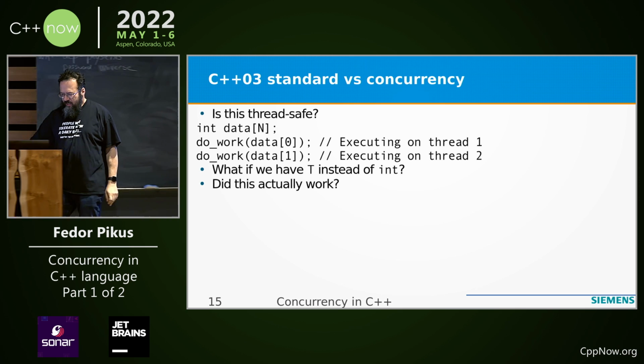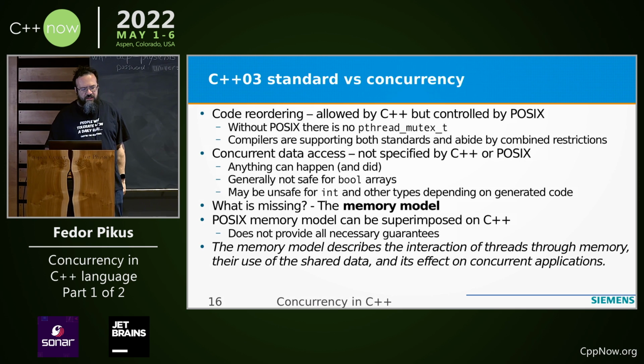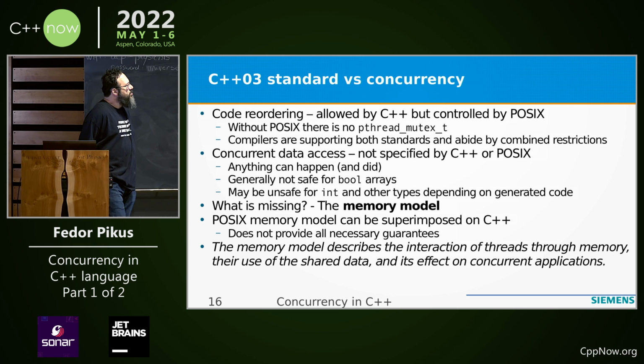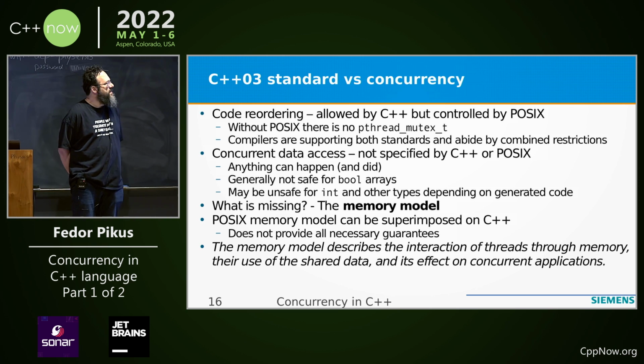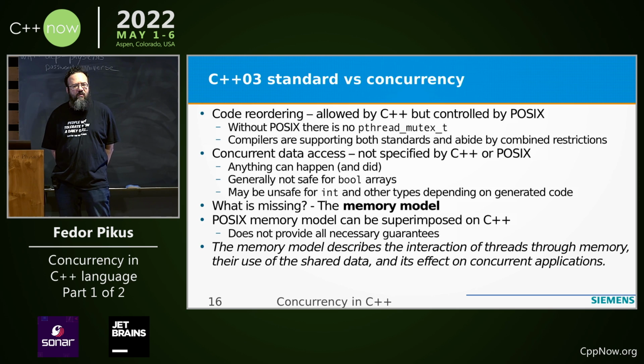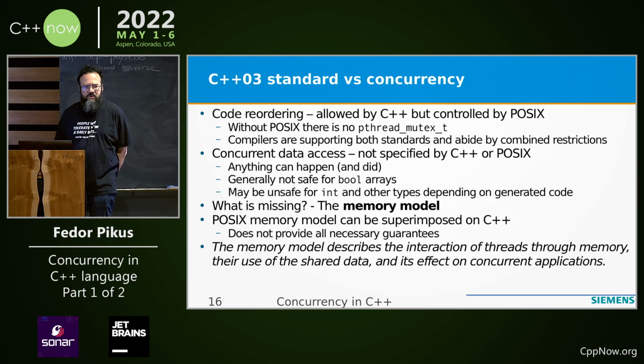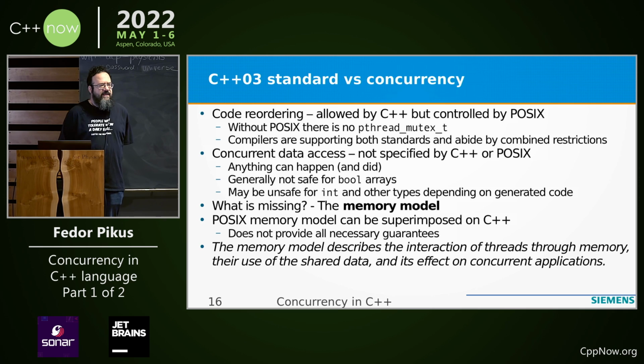All right. So now let's actually find out what the magic is. The magic was that every compiler that was allowing you to write concurrent programs in practice took upon itself to obey another standard. And in the case of pthread mutex locks, it would be the POSIX standard. So, for example, GCC was constrained by two standards, not one.